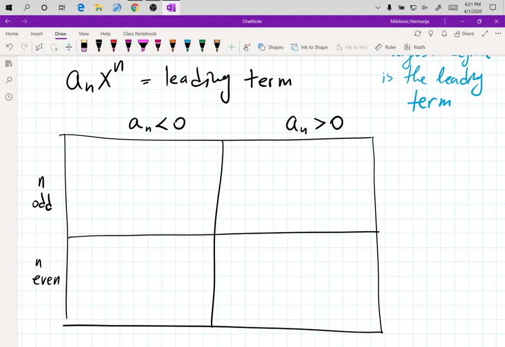So we know that this is called the leading term test, also known as the end behavior.